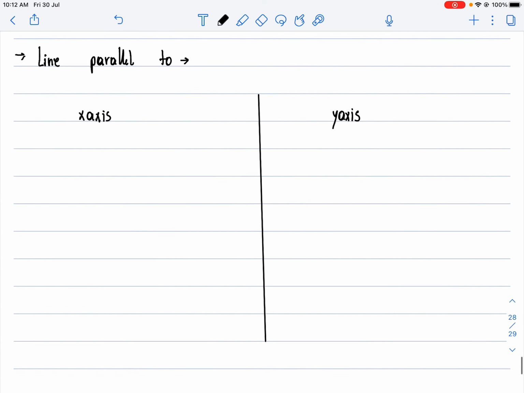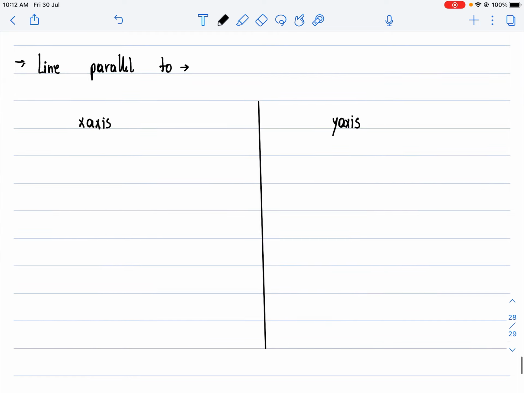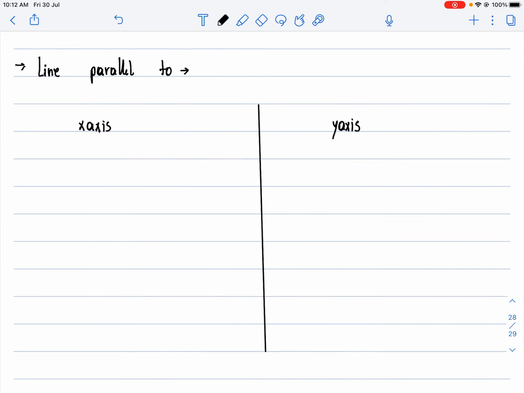Now let's say if they specify in the question that the line which you have is parallel to the x-axis or y-axis. So now in these kind of questions you normally get your dy by dx already, and it's normally in a fraction form. Let's say if I get something like x square minus 2 divided by y cube minus 2x.